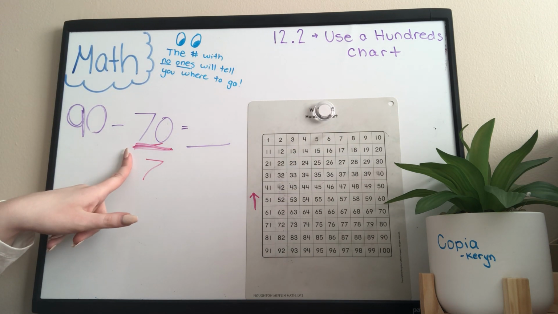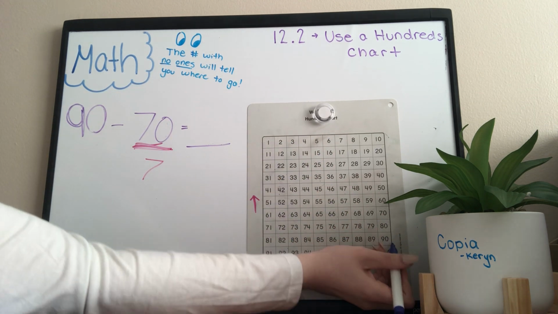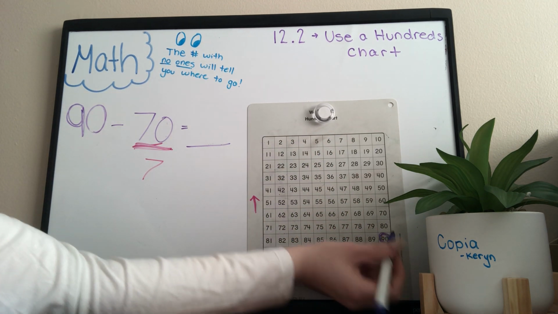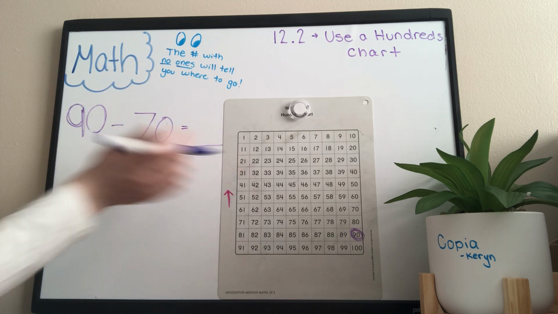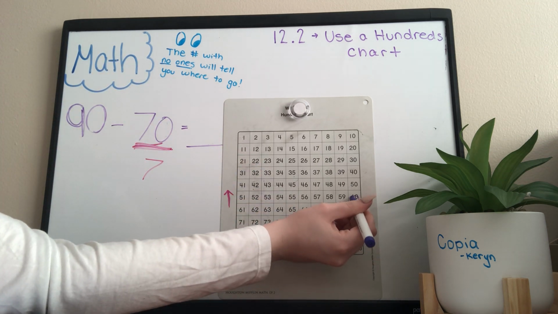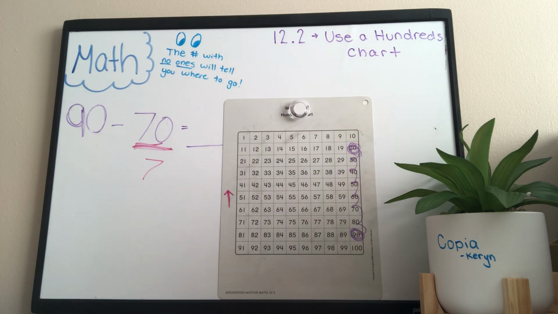We're still going to have to stick with 70 here. So if we decided to start at 90, there we go, and then we went up 7 spaces, 1, 2, 3, 4, 5, 6, 7, we would be at 20. If we started at 70 and we went up 90 spaces, we would be below 0. Craziness.